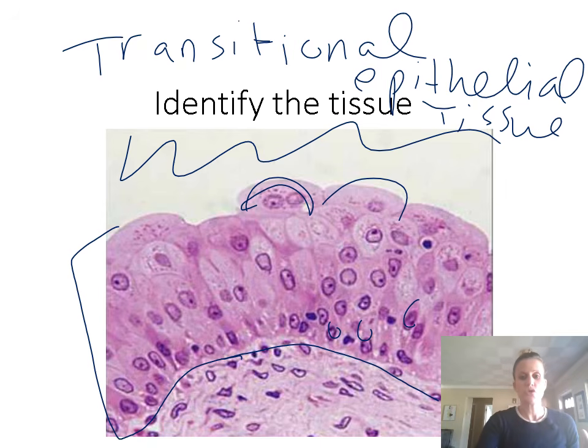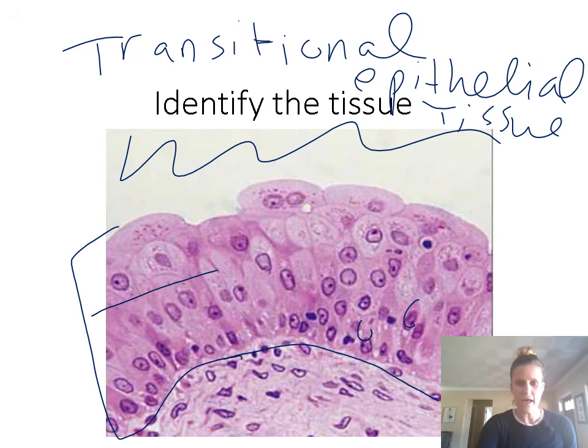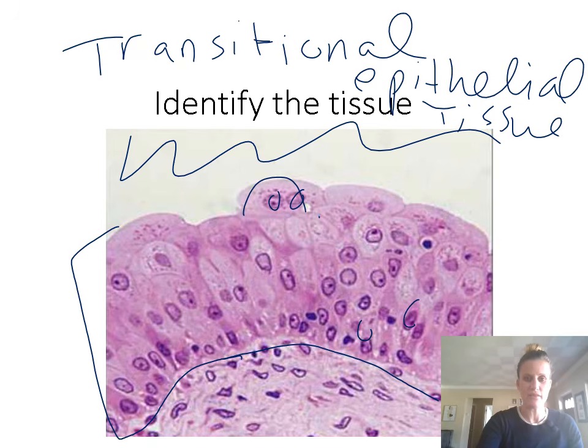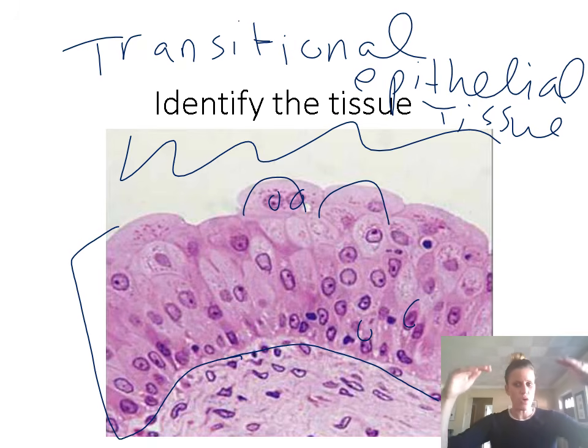But in pseudostratified columnar tissue, the nuclei do not go all the way to the top. They stop right here. This is the only one that you have to identify that has nuclei that go all the way up to the top, and then these rounded cells on top. So nuclei go all the way up. The top cells are normally rounded like that in transitional epithelial tissue.